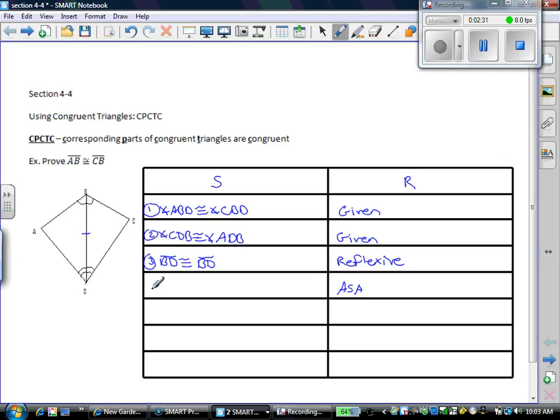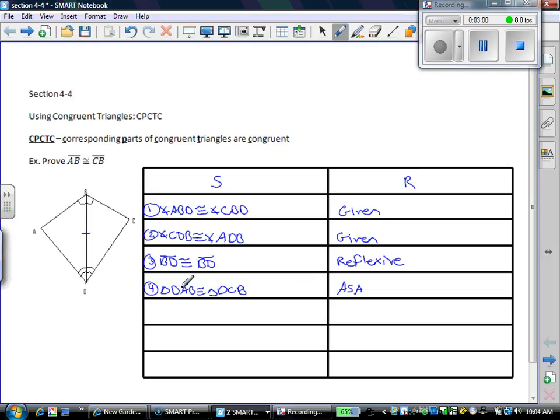I'll put my congruent statement. Triangle DAB congruent to triangle DCB. Alright, so in the past, we were actually done at this point because we just wanted to prove triangles congruent, but we actually want to prove that AB is congruent to CB.